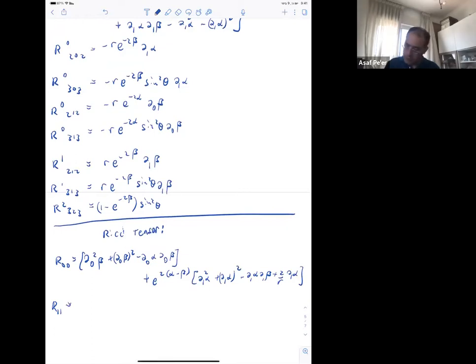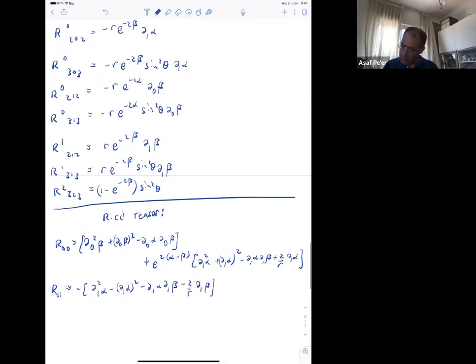R11 is minus d1 squared alpha minus d1 alpha squared minus d1 alpha d1 beta minus 2 over R d1 beta plus e to the power 2 beta minus alpha times d0 squared beta plus d0 beta squared minus d0 alpha d0 beta.